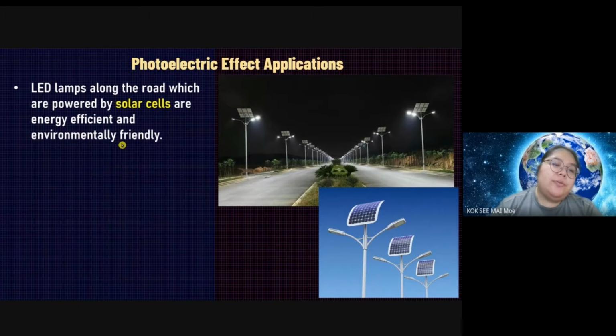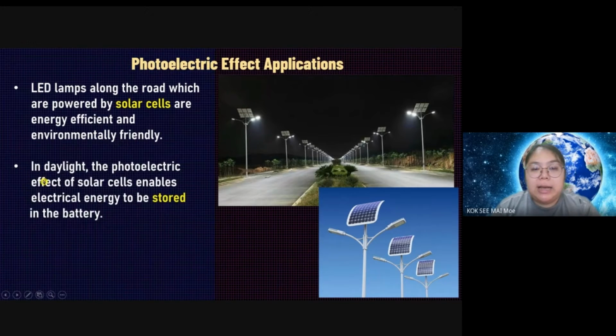In the daylight, you can see every street lamp has a solar system. The photoelectric effect of the solar cell enables the electrical energy to be stored in the battery. So early in the morning, we store the energy through the photoelectric effect.